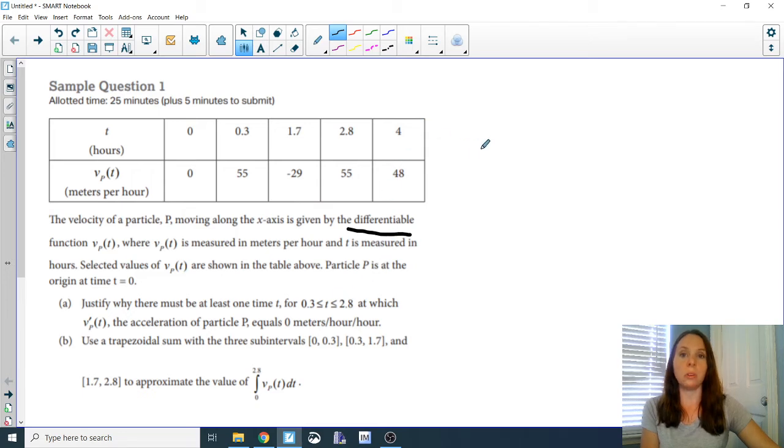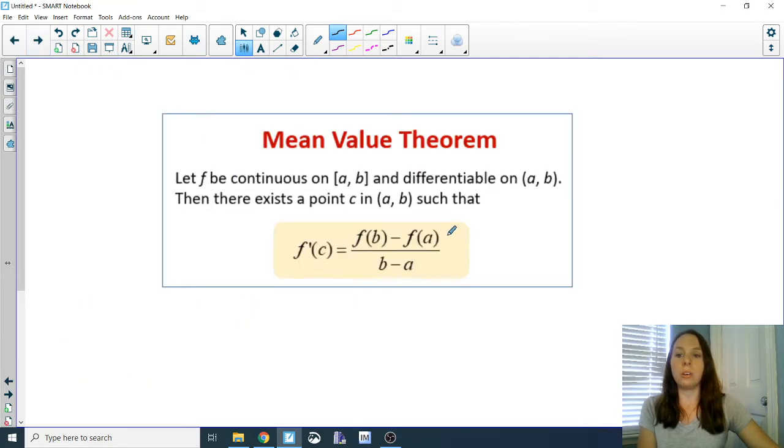So, you should write some sort of statement that would say that definitely MVT applies here because it is a differentiable function. First make sure that you establish that the hypotheses are satisfied.